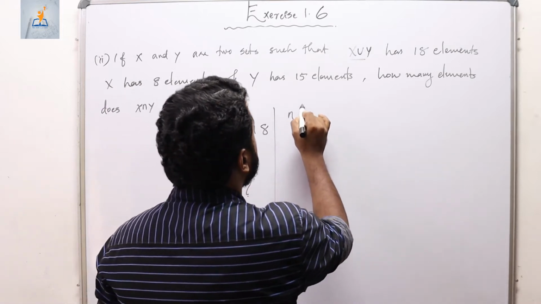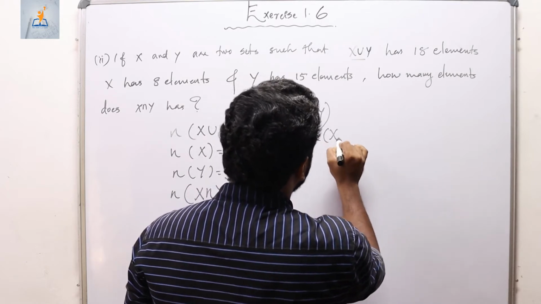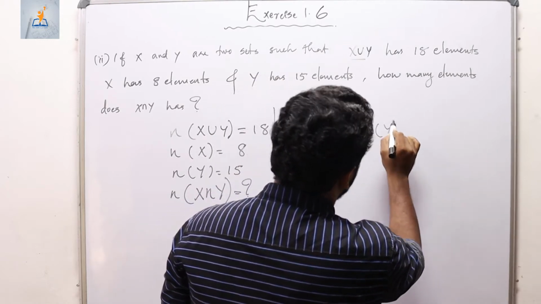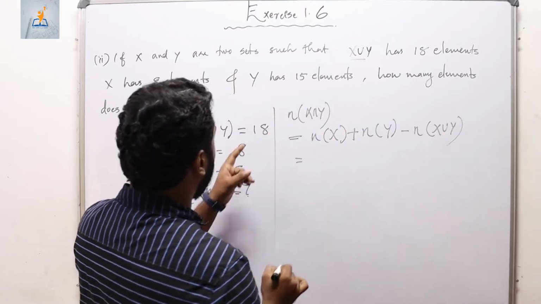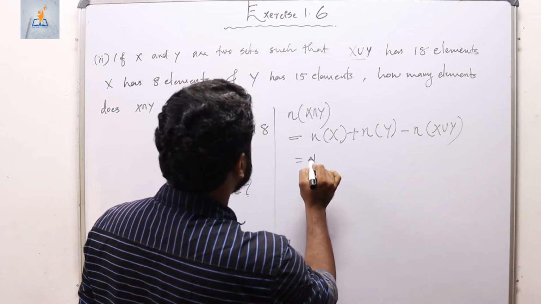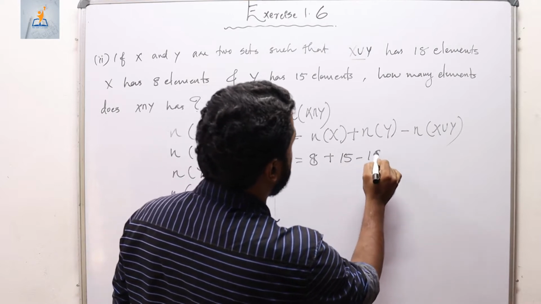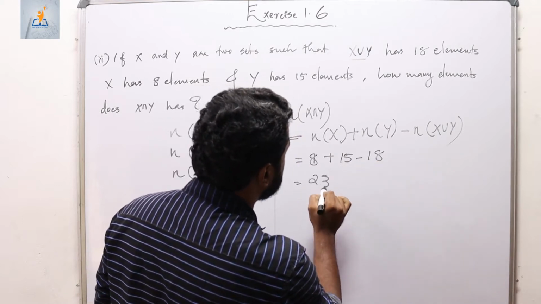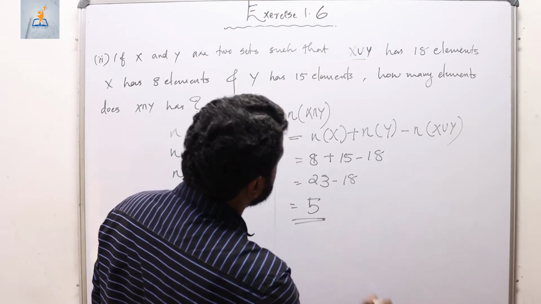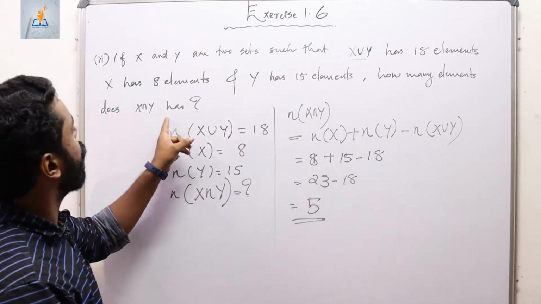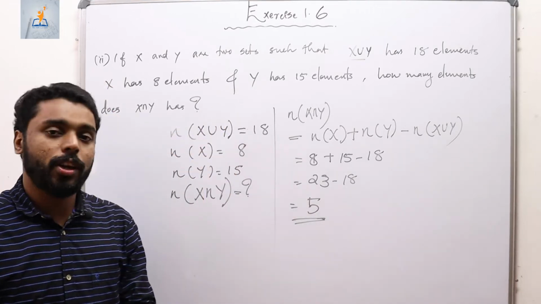We know that n of x intersection y is equal to n of x plus n of y minus n of x union y. n of x is equal to 8 plus n of y is equal to 15, minus 18. So 23 minus 18 is equal to 5 will be the answer for n of x intersection y. So this is the answer of the second question.